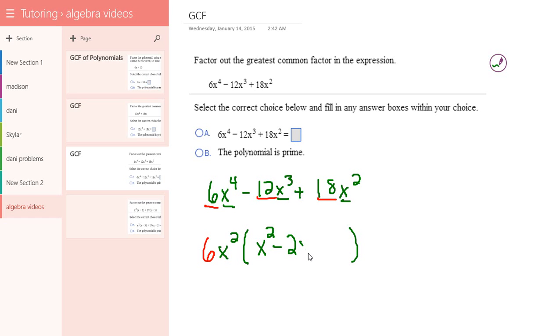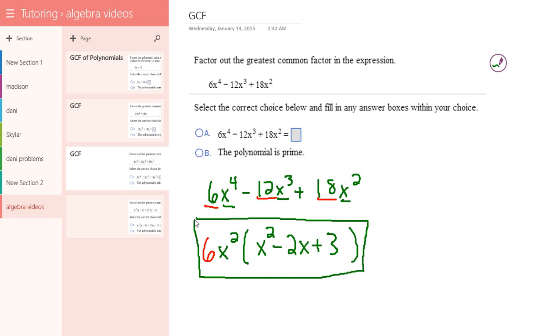I took out 2. That leaves x to the 1st. And then plus 18 divided by 6 is 3. And I took out all of the x's here. The answer: 6x squared times (x squared minus 2x plus 3).